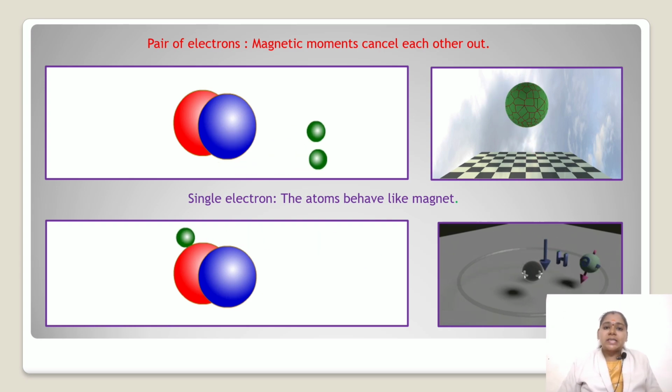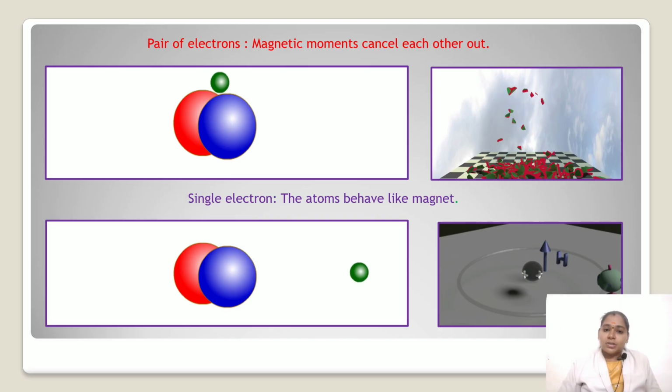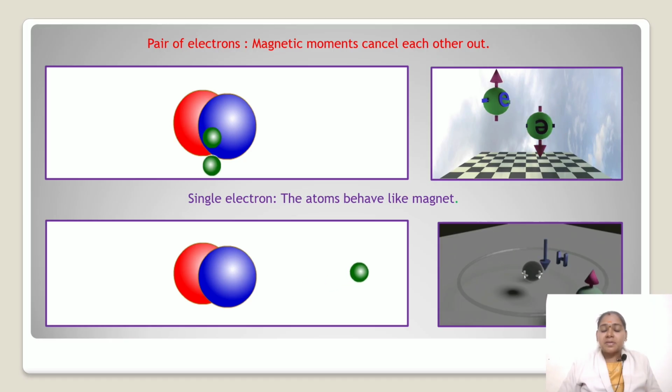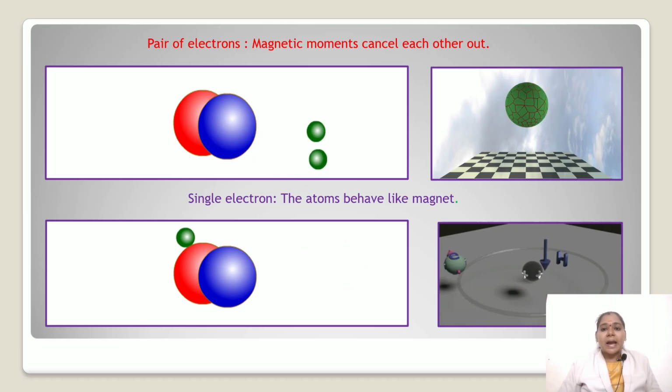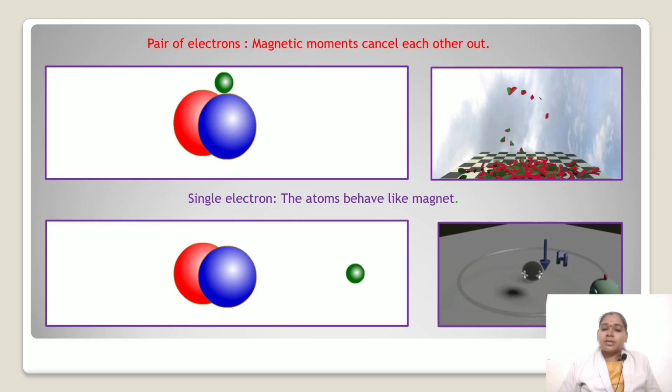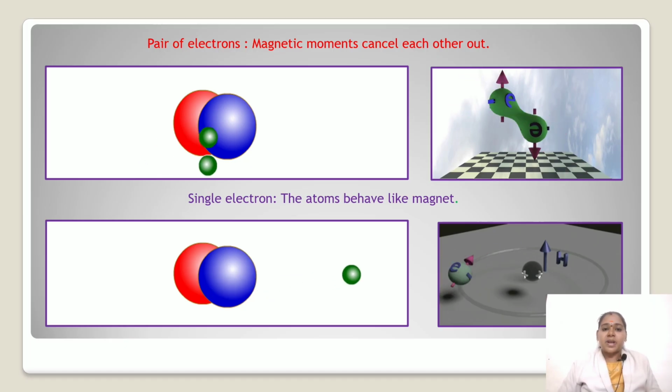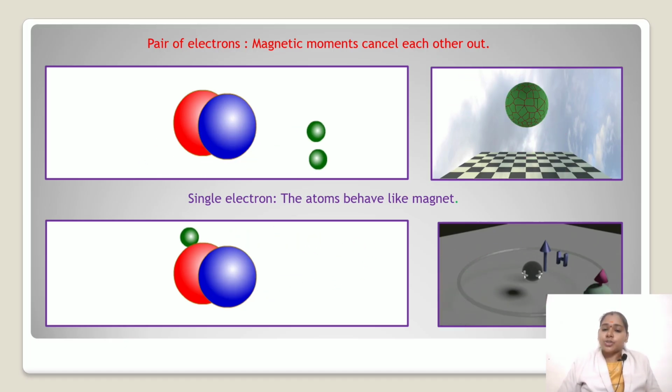Small particles like electrons and protons have properties like mass, charge, and intrinsic magnetic moment. The magnetic moment describes how much like a magnet these particles will behave. Electrons and protons both have magnetic moments, but the electron's moment is approximately 1000 times stronger.